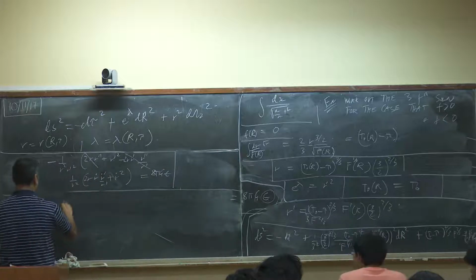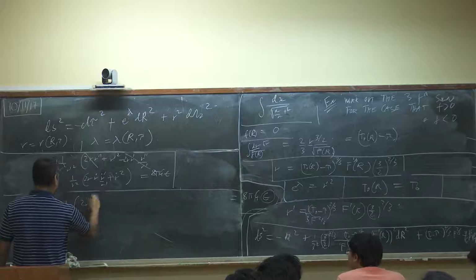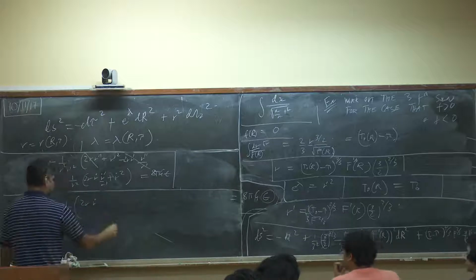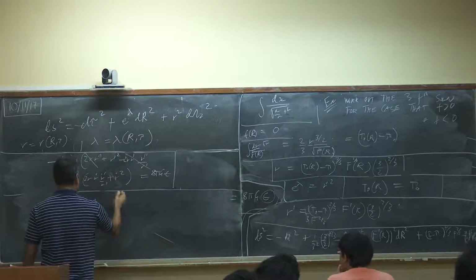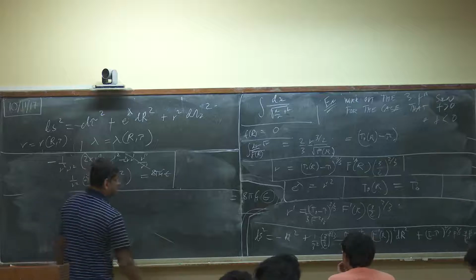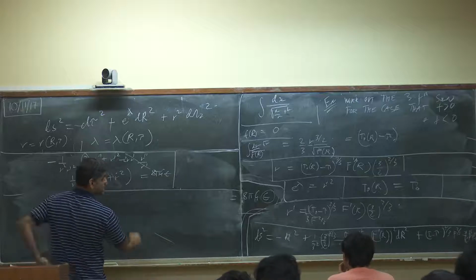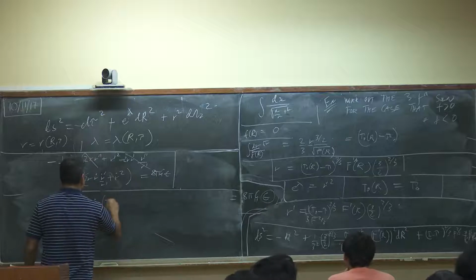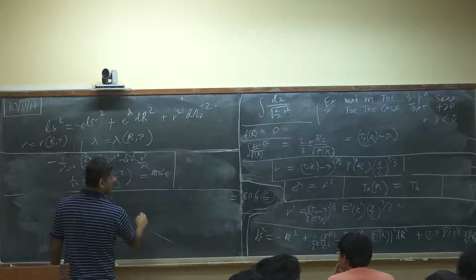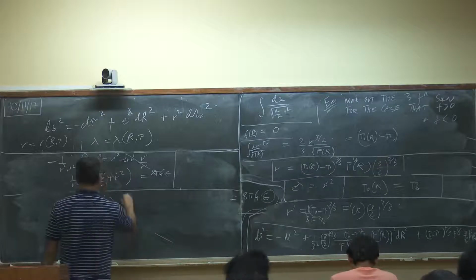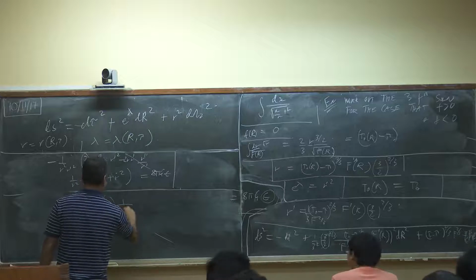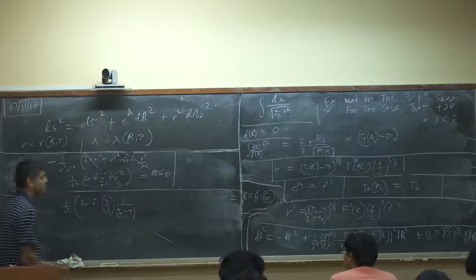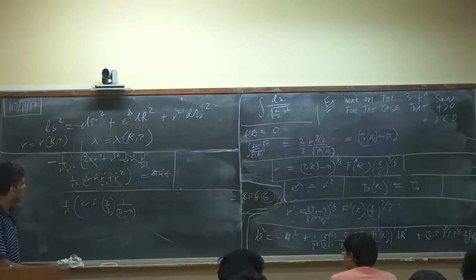So this is 1 by R squared, 2R R dot, into 2 by 3, 1 by tau naught minus tau, with a minus sign.